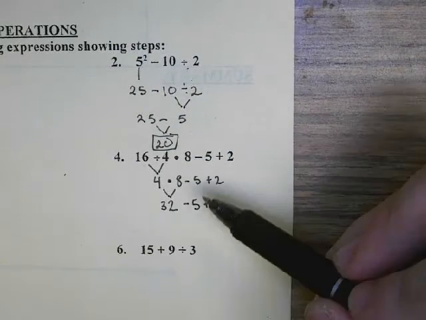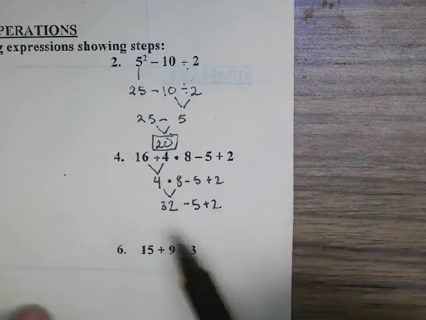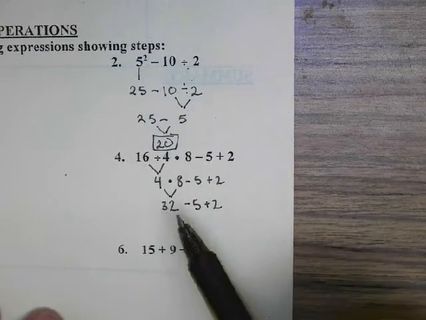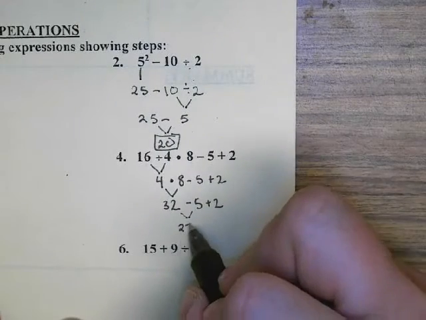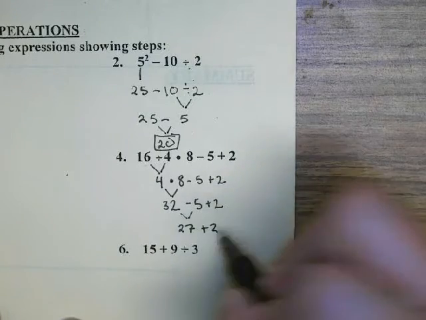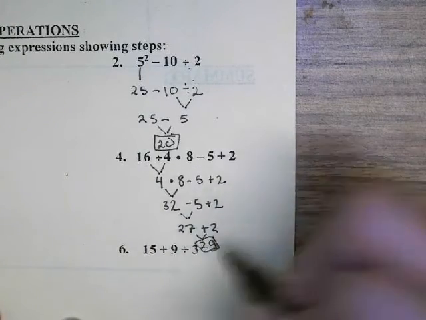Now I'm left with subtraction and addition. Again, when we see subtraction and addition, we go left to right. So I'm going to do my subtraction first in this problem. 32 minus 5 is 27. Then we'll add 2. When we do that, we get 29. There's the answer to number 4.